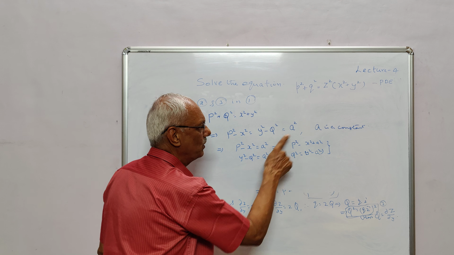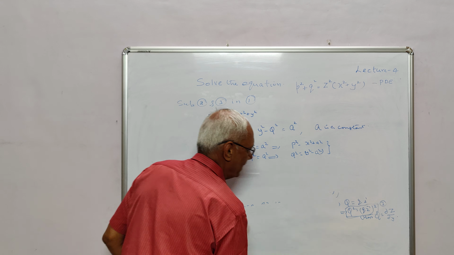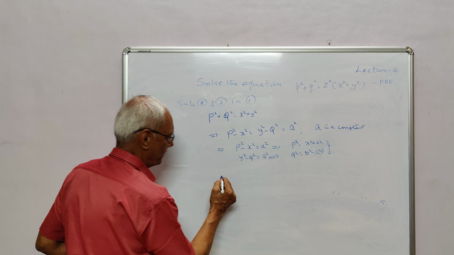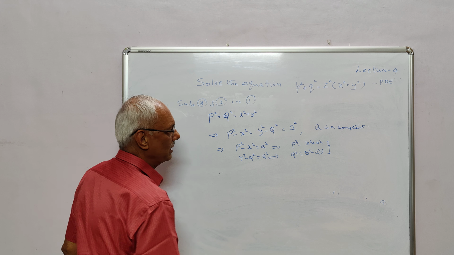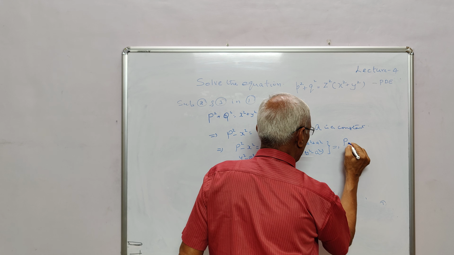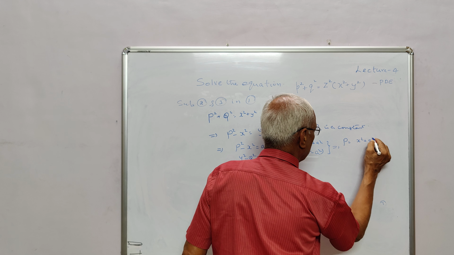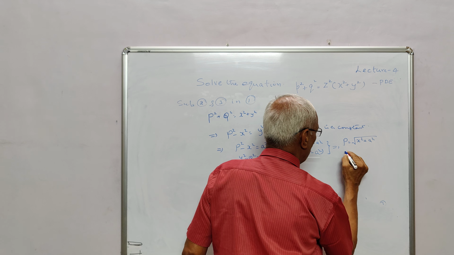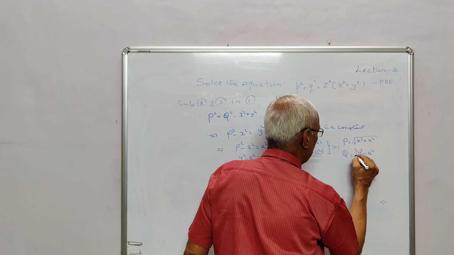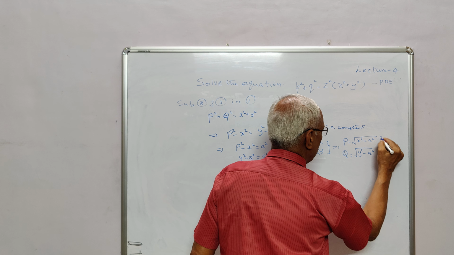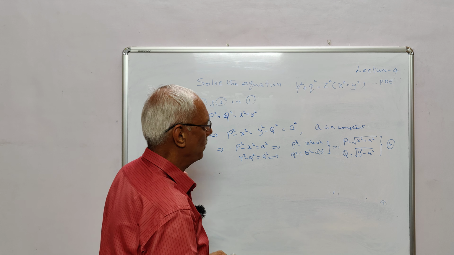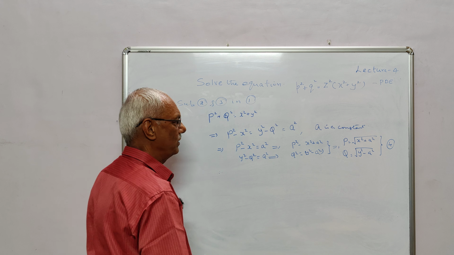So, using this, I am able to get the value of P squared and Q squared. Therefore, P is equal to the square root of X squared plus A squared, and Q is equal to the square root of Y squared minus A squared. So this I will call as 4. Already we have written 2, 3, now it is 4.